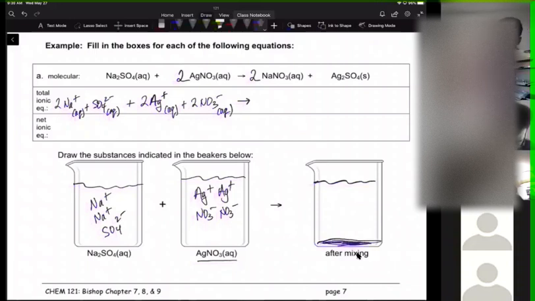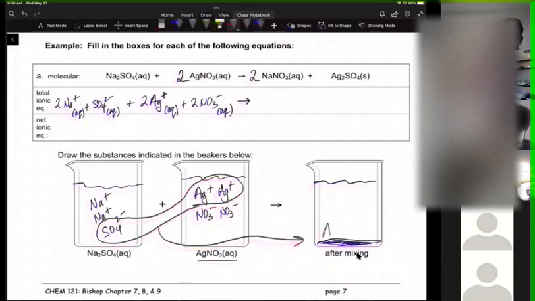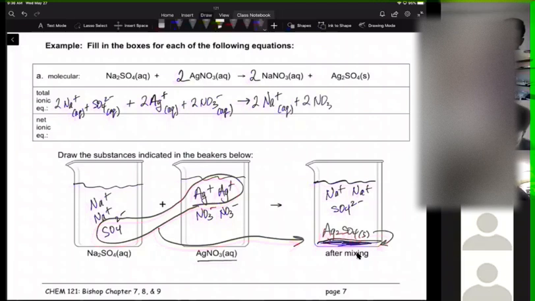Okay, so what happens, these silver come together with that sulfate and they form Ag2SO4 solid. And what's left in solution? Now this one is a solid, it stays together.